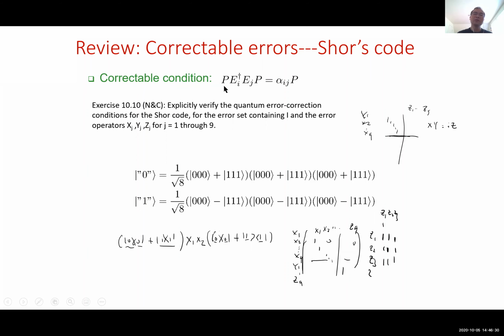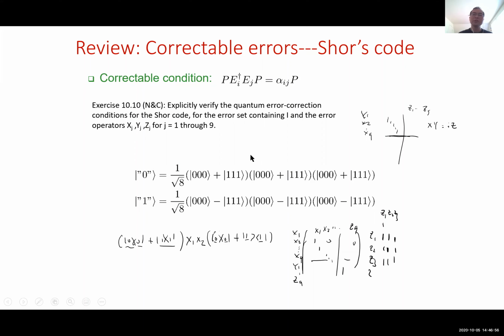So the correctable condition is that if you have an error E_i and error E_j, you take this combination and project down to the code space. If you only get some arbitrary matrix multiplied by the code projector, then these errors E_i, E_j are correctable.